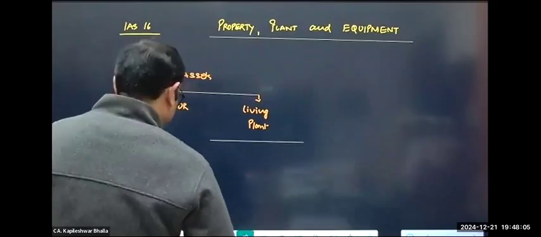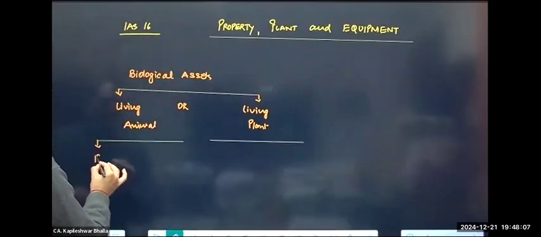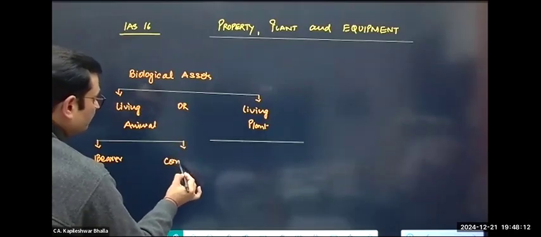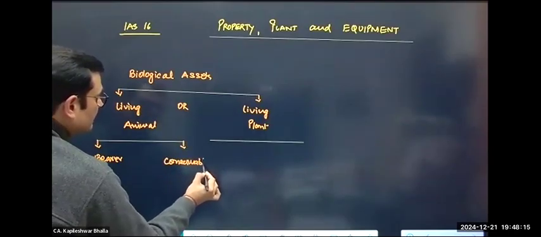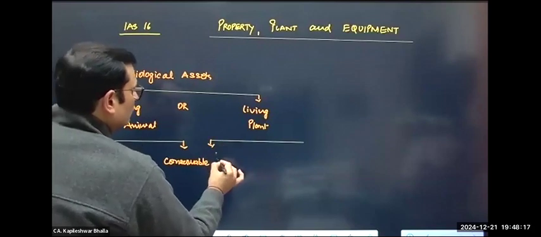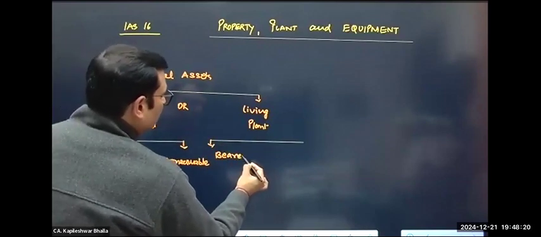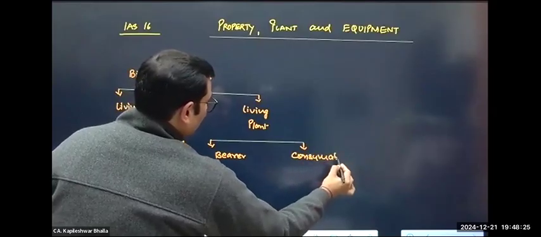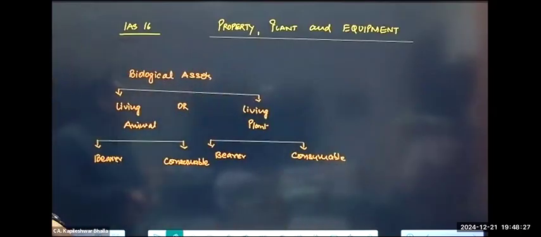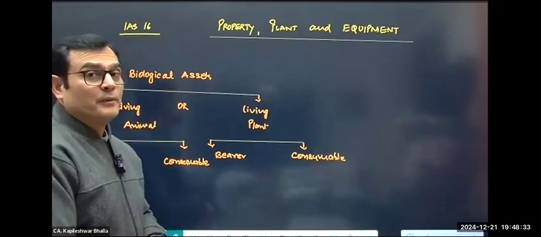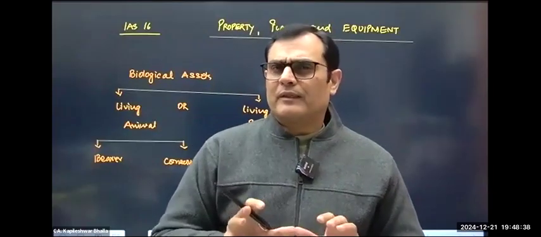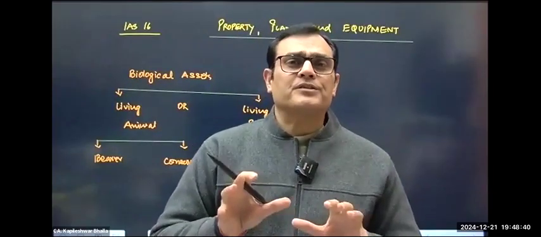It can be a bearer animal or a consumable animal, and similarly there are two kinds of plant: a bearer plant and a consumable plant. So there are four categories of biological asset. Now, the question arises, what is bearer and what is consumable?